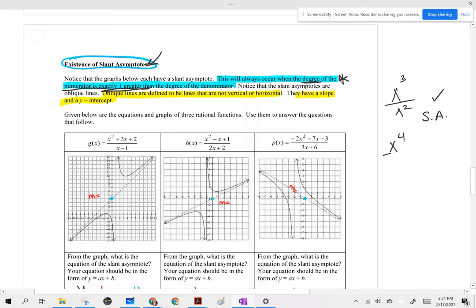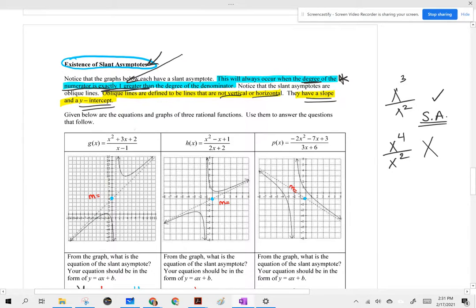If I have x to the 4th over x squared, that does not give me a slant asymptote. Again, it has to be exactly 1 greater than that. Notice that slant asymptotes are oblique lines, and that simply means that they are not vertical or horizontal. So they have a slope and they have a y-intercept.